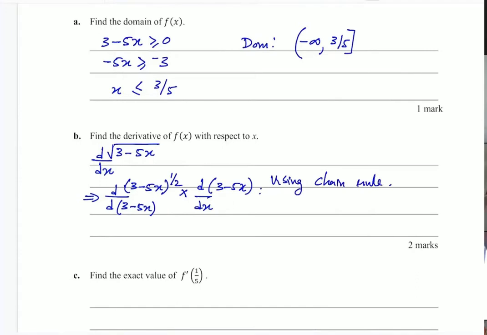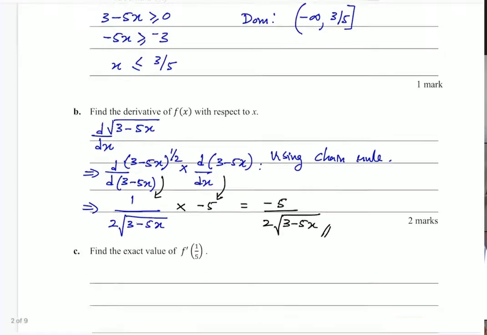When you do that, you get 1 divided by 2 times the square root of 3 minus 5x, coming from this part, times minus 5, coming from differentiating this part. So the answer would be minus 5 divided by 2 times the square root of 3 minus 5x.